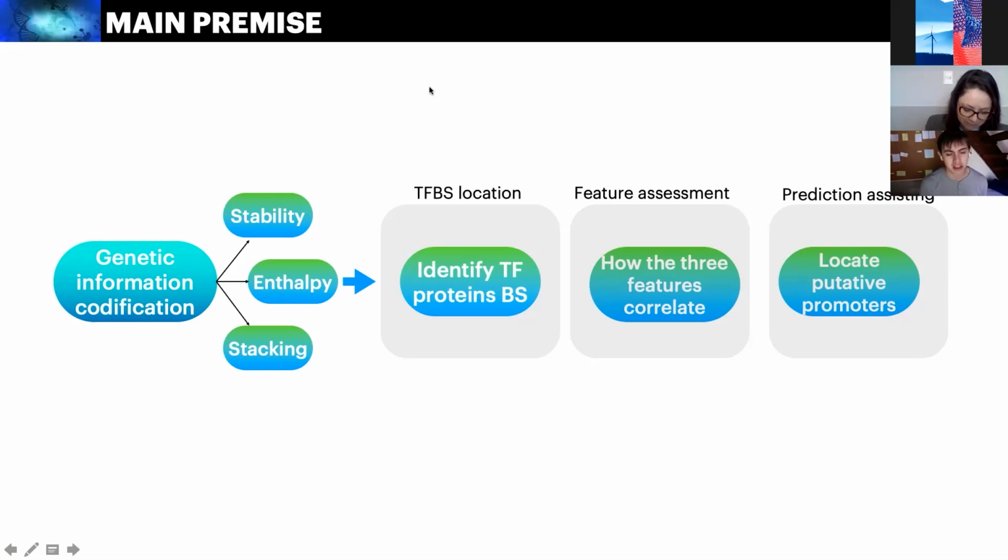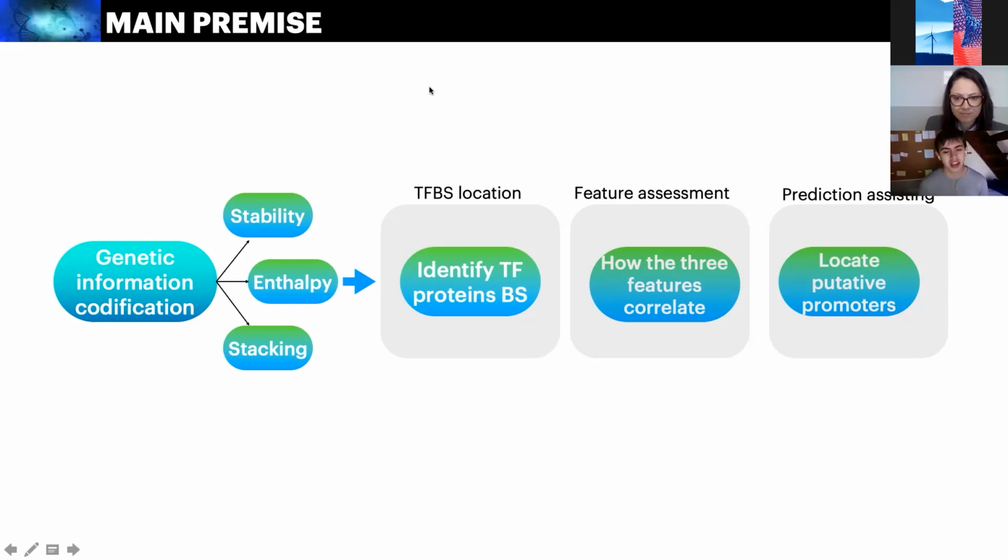We have also enthalpy, which is a thermodynamic feature. And finally, we also have DNA stacking values. All of these are good representatives of genetic information, and there have been reports of these being used as distinguishers, and they are able to distinguish genetic variants such as promoter, non-promoter, and other regulators as well.